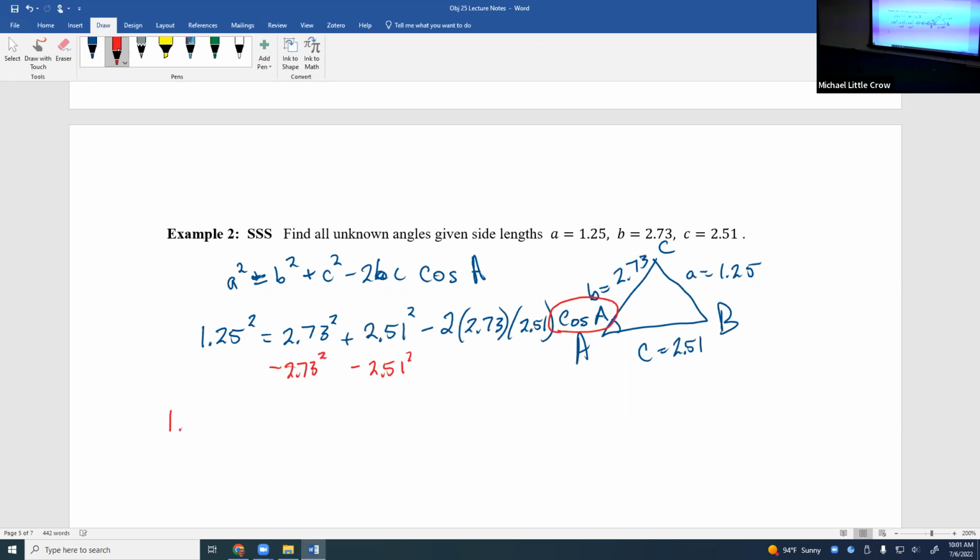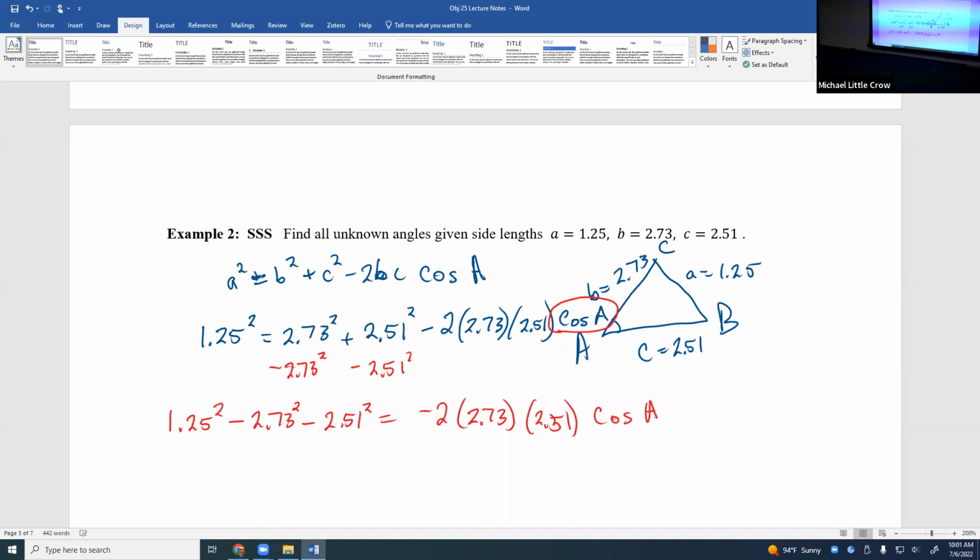So we're going to get 1.25 squared minus 2.73 squared minus 2.51 squared equals negative 2 times 2.73 times 2.51 cosine of A. Then we divide both sides by the numbers here, and that's going to give us the cosine of A. And then what do we do?